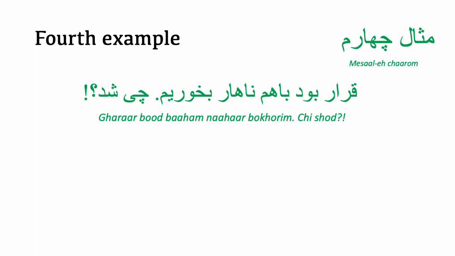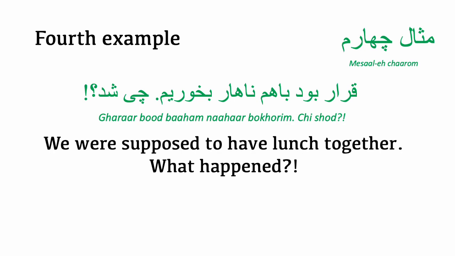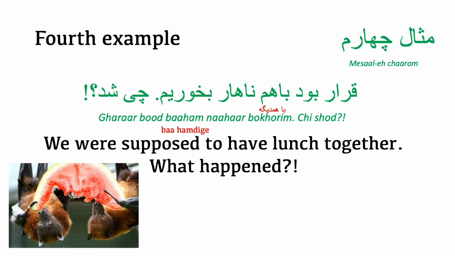چی شد؟ We were supposed to eat lunch together. What happened? قرار بود, again, means supposed to. با هم means together. The longer version of this word is با همدیگه. همدیگه means each other. با همدیگه means with each other. با هم is the shorter version, which can mean either with each other or together.